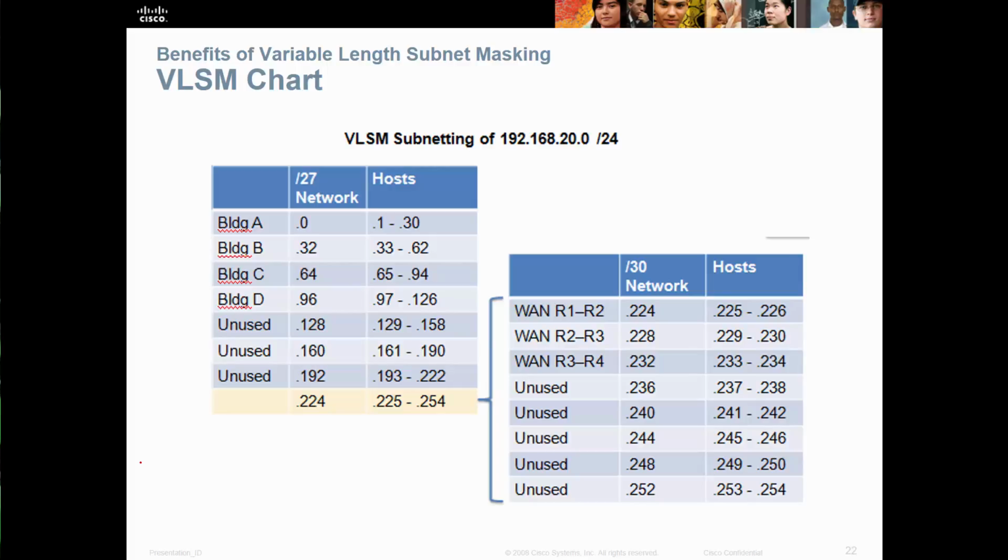So with our /27s, we could have our 4 buildings with the appropriate networks, with the appropriate subnet masks. And then we could have our WAN connections, the connections between routers, using our /30s.